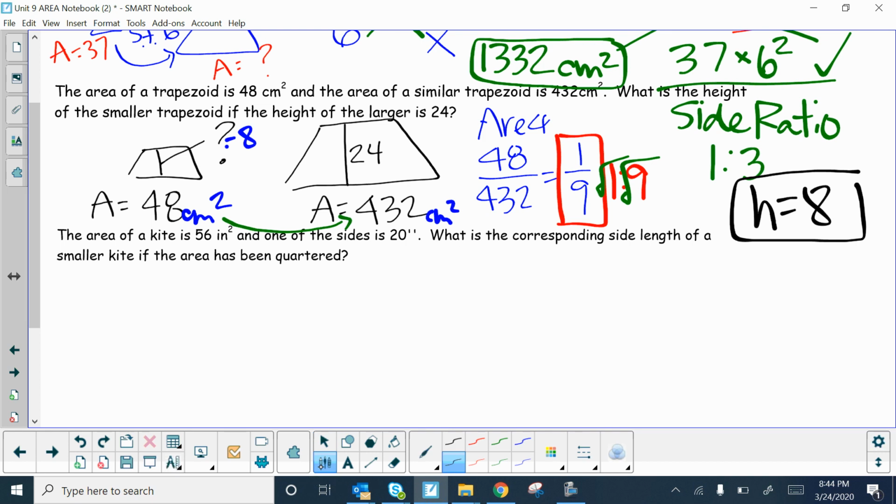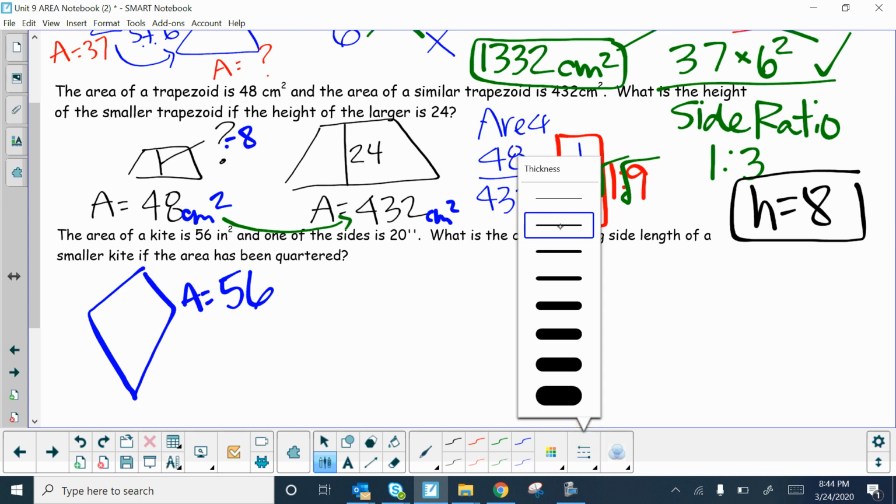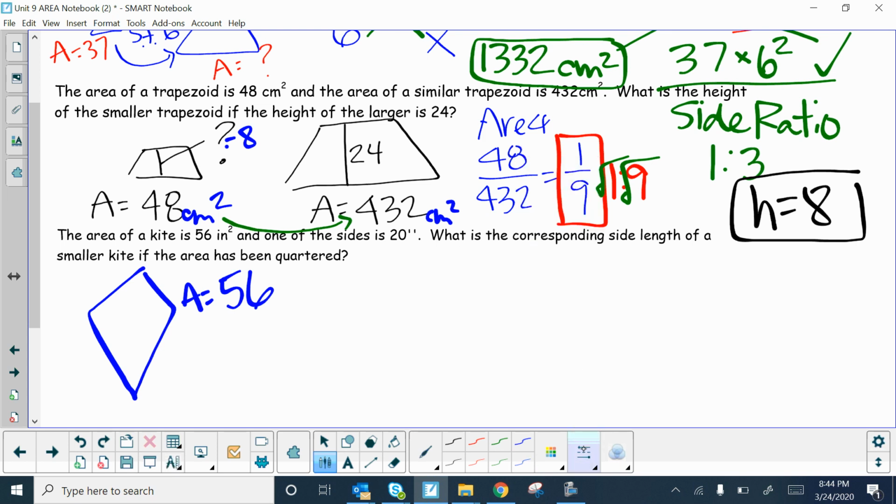So let's figure out what these two areas are. So here's a kite, and this one has an area of 56. One of the sides is 20. We'll just say that side, it doesn't matter. It says, what's the corresponding side length of a smaller kite?